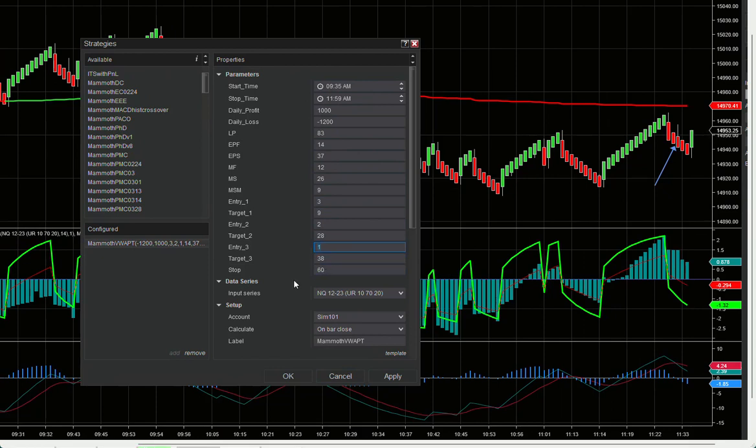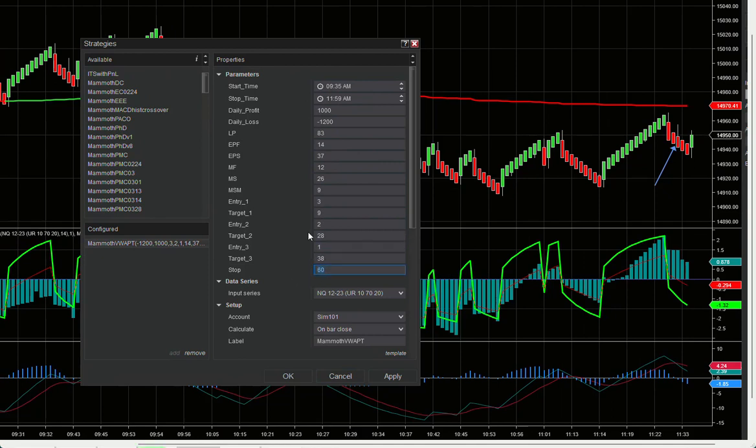So if the last target did not get hit, and then you get stopped out, you have 60 ticks out of 1 contract, but you still have 3 contracts and 9 ticks. That's 27 ticks plus 56 ticks. You're still above, not below, even though the third entry got stopped out.